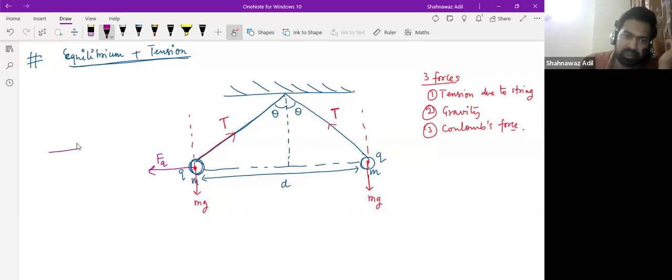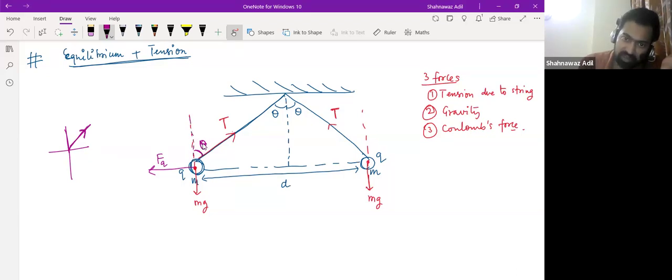So these are on angle. So we can resolve this tension in two parts, right? Clear? Yes, sir. So if this is theta, so this angle would be theta, right? Yes, sir.